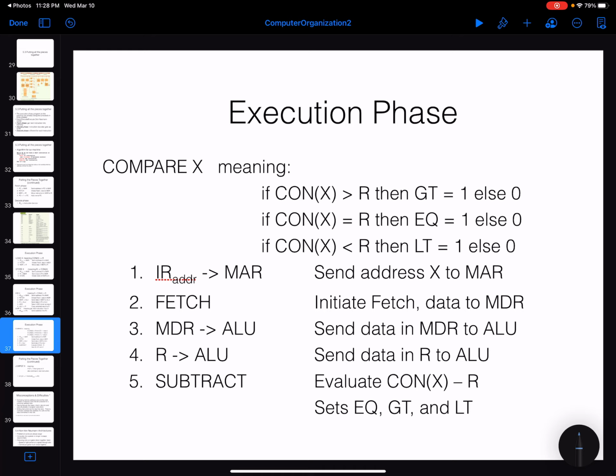This instruction COMPARE x is interesting. Remember, in the previous examples we used the compare with 2 arguments.